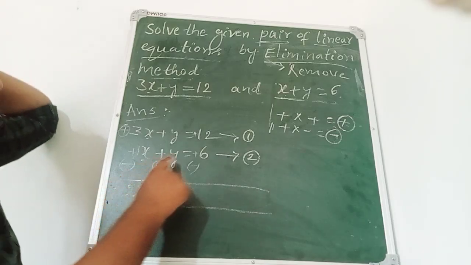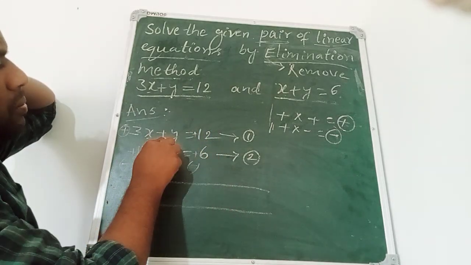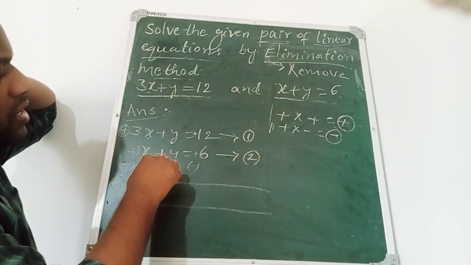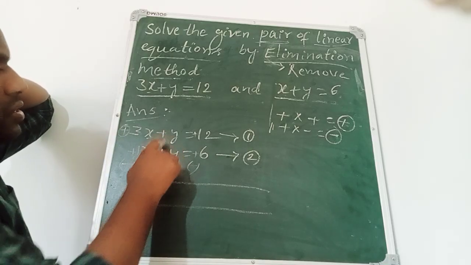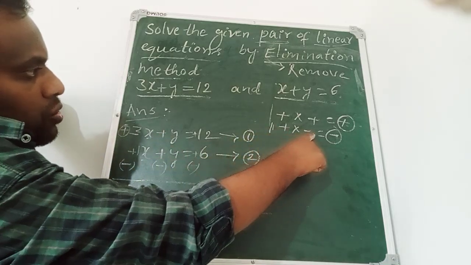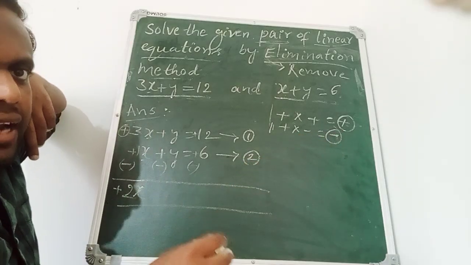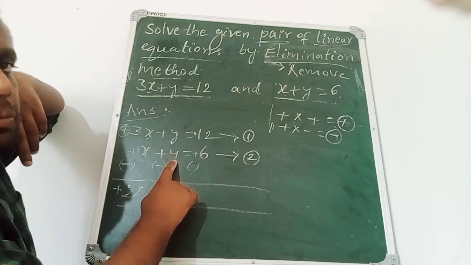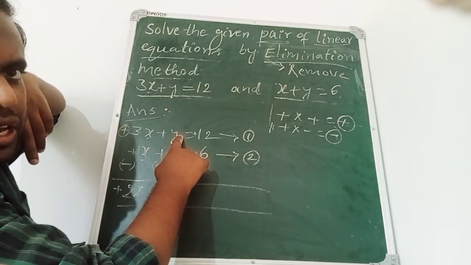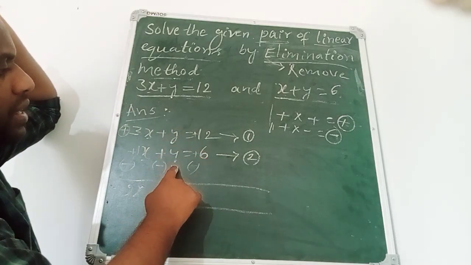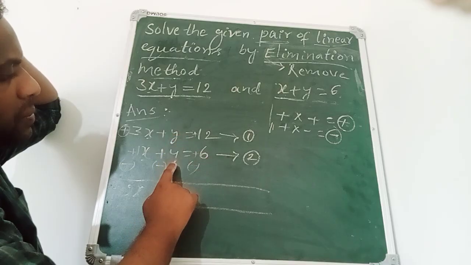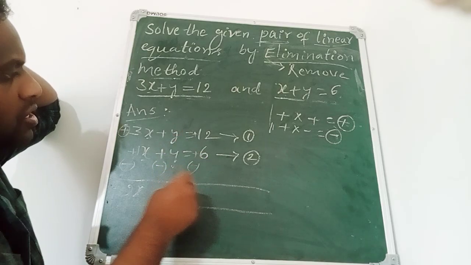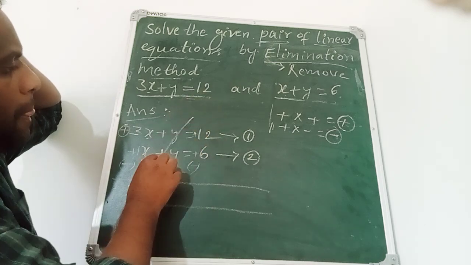Okay, next come to this plus and this minus. Don't consider this, it is already changed. Plus into minus is minus, that means we have to subtract. So subtract this from this, bottom variable from top variable. So y is the same, so when you subtract y from y we will get 0, or I can say cancel.